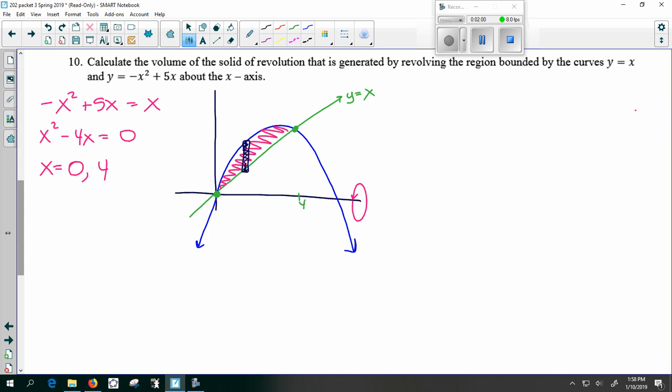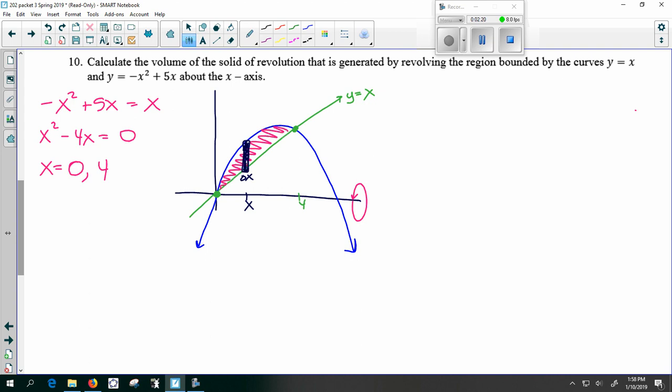So here's a little rectangular slice of the region. It's at a random spot x along the x-axis, and it's got a little thickness which we'll call delta x. We're going to rotate that rectangle around the x-axis. When you do that, you're going to sweep out a shape that looks like a washer.